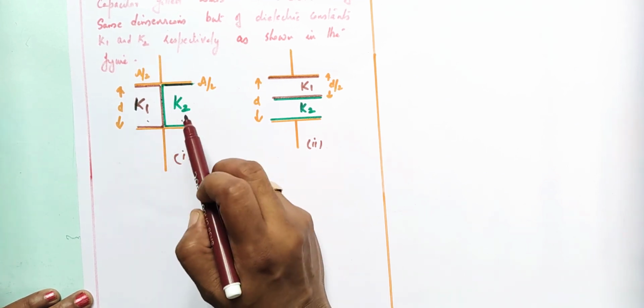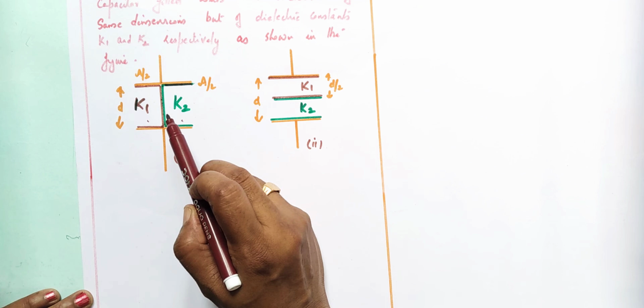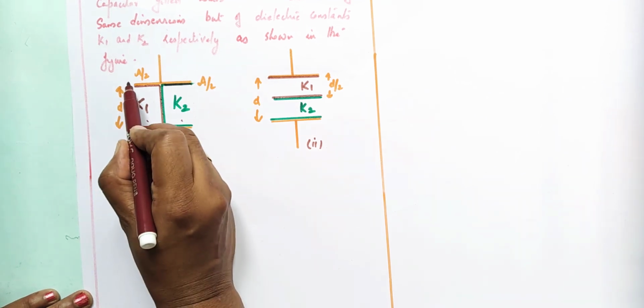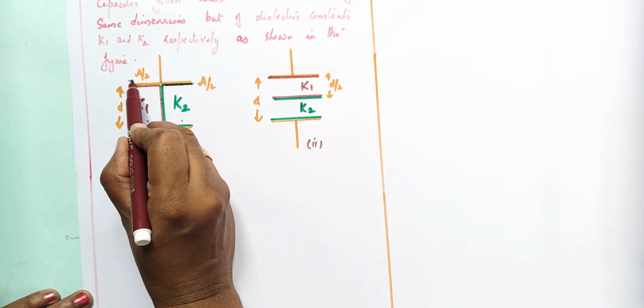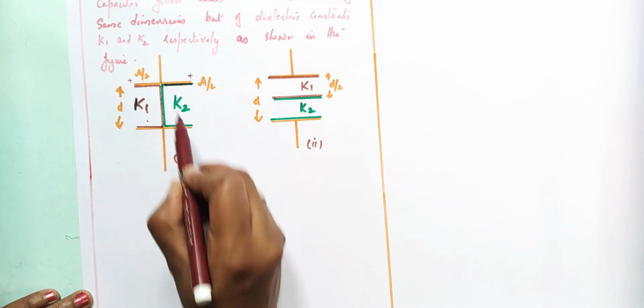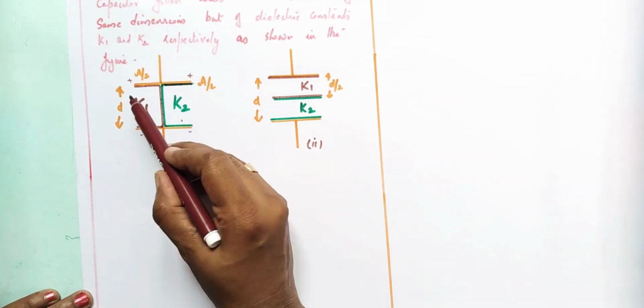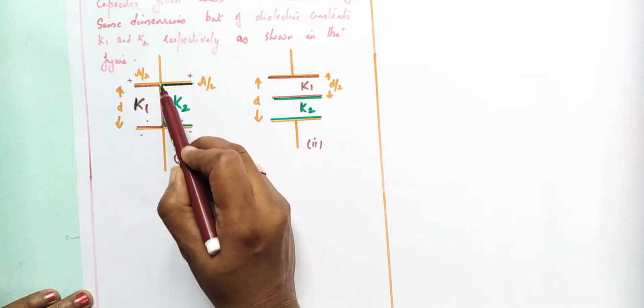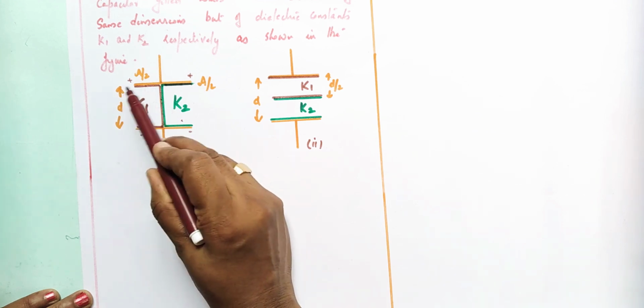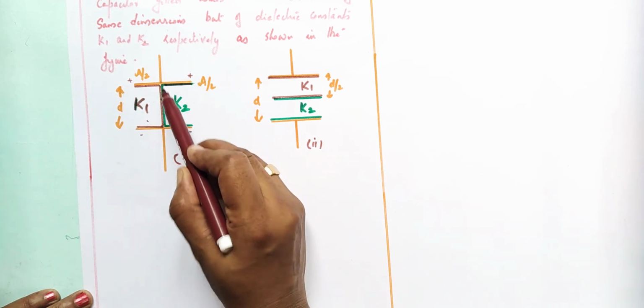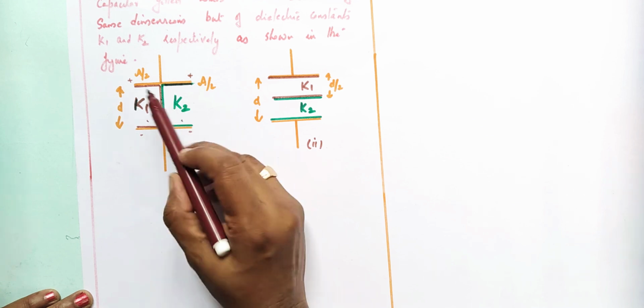If the separation remains the same and the area divides, we can consider these as two capacitors connected in parallel. Assume one plate is positive, this is also a positive plate, and this is the negative plate. Positive and positive are connected. This can be considered as one capacitor with K1, and this as another capacitor with K2.